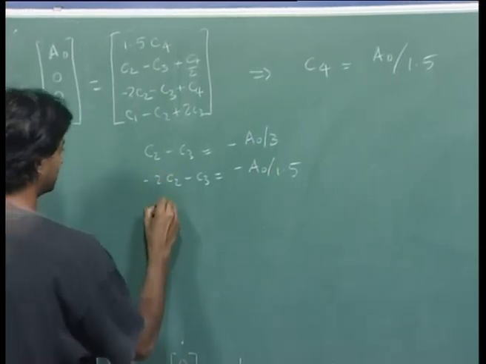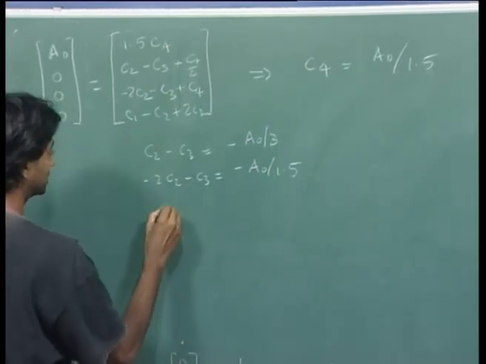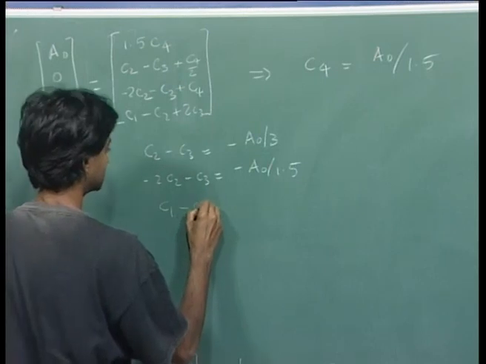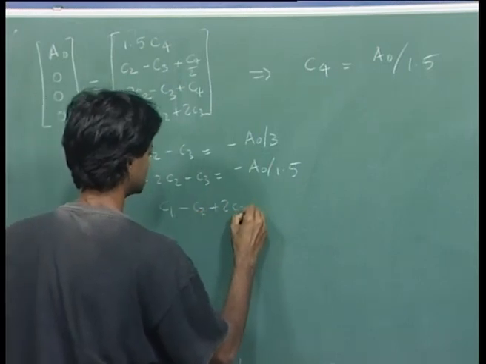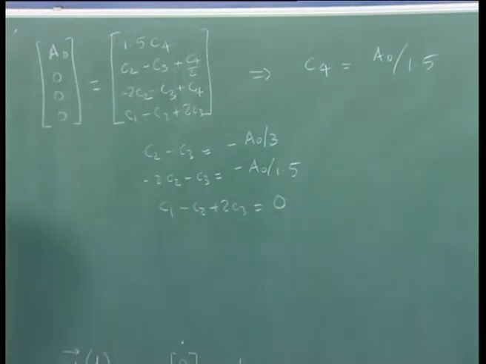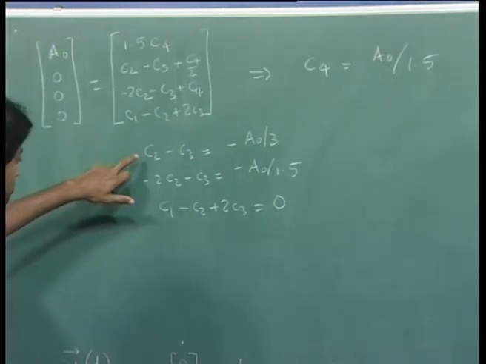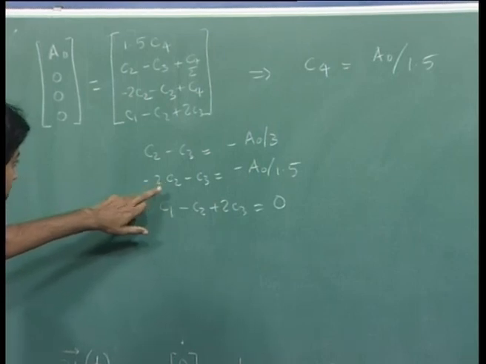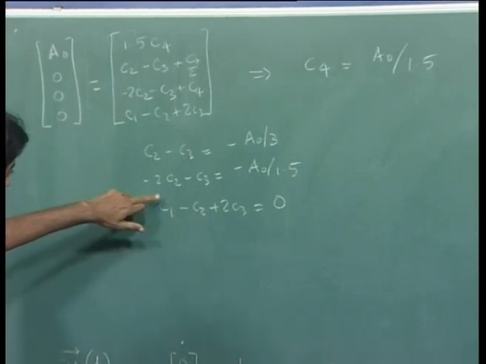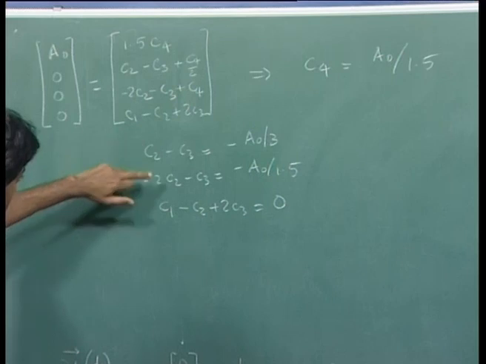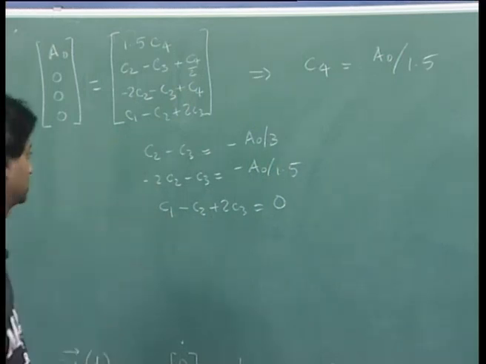And the last one will give me C1 minus C2 plus 2 C3 equal to 0. Now we can solve these again. If you just take these two, let us see, subtract this from this.